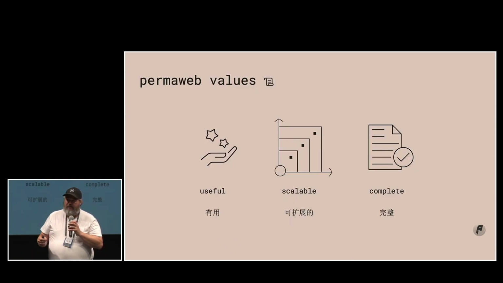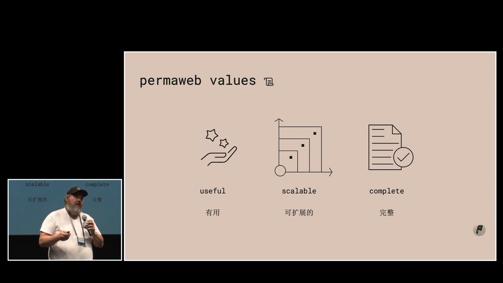So the core values of the Permaweb: useful, right? Anything on the Permaweb needs to have use. So I think that's pretty clear. And then scalable. Clearly, we need scalability for data and applications. And finally, probably the hardest one is completeness.